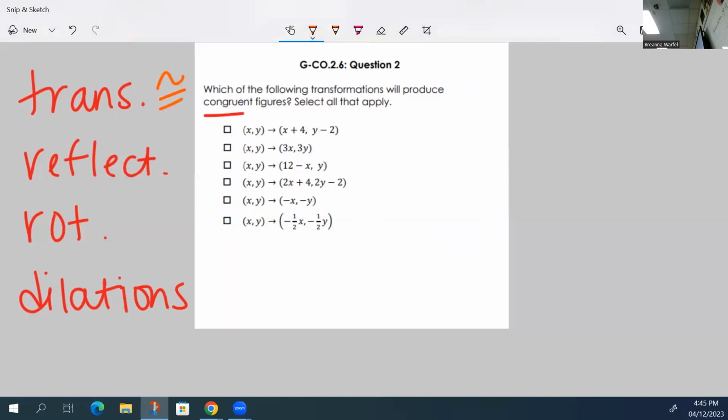If you slide up, down, left, or right, you're not getting bigger or smaller. Reflections, if you flip left, right, up, and down, figures stay exactly the same. If you spin or rotate figures, they stay exactly the same. Dilations are the only ones that do not stay congruent. They get bigger or smaller. They are similar. So when you're talking about congruent figures, dilations use multiplication.